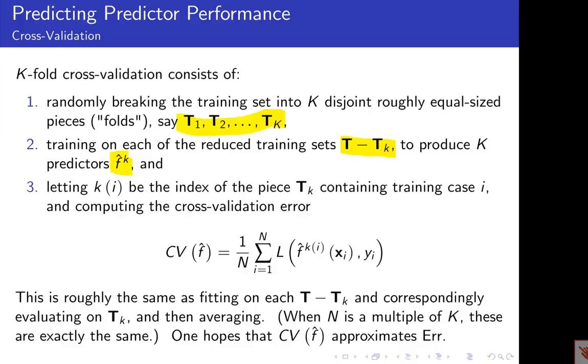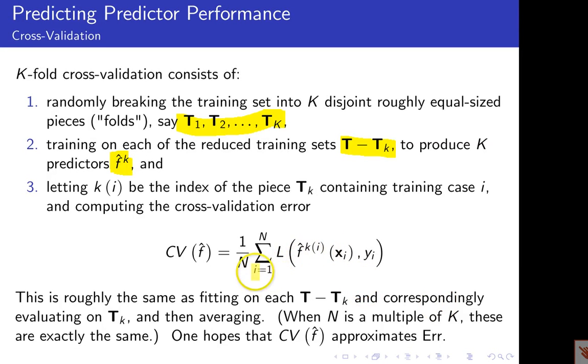Then I say to myself, well, I didn't use TK in order to make f hat k, so what I might do is see how well I do at predicting the points in TK using f hat k, and in fact do that for TK, T1, T2 up to T big K, and in fact average.